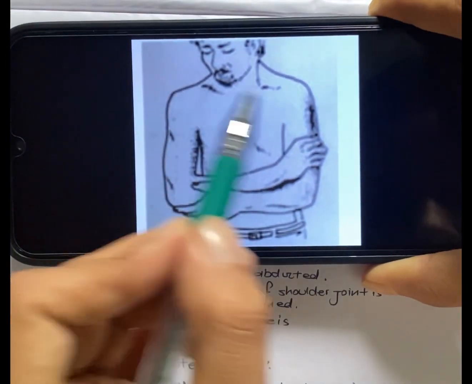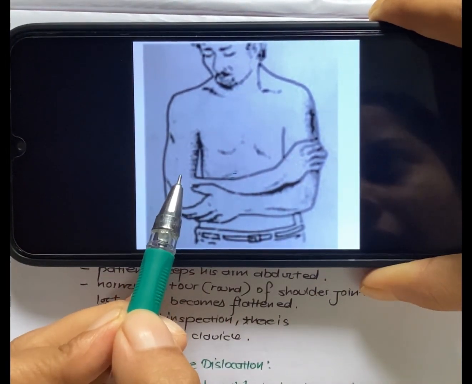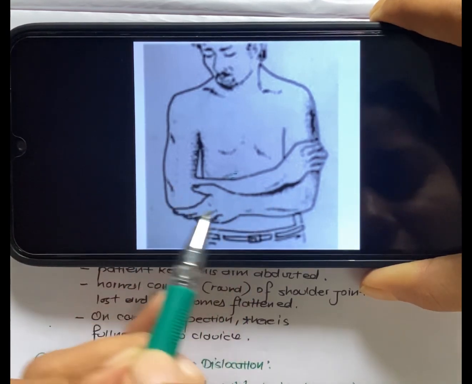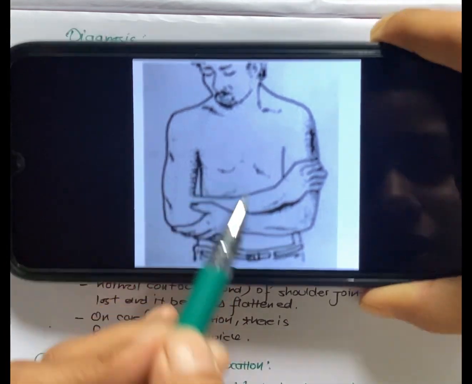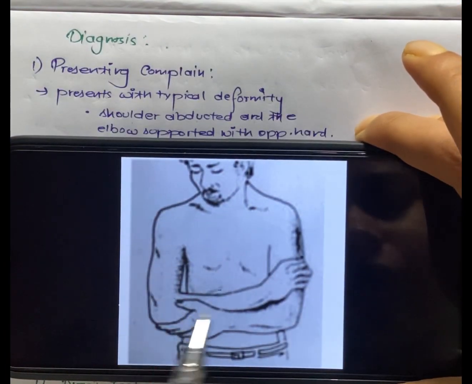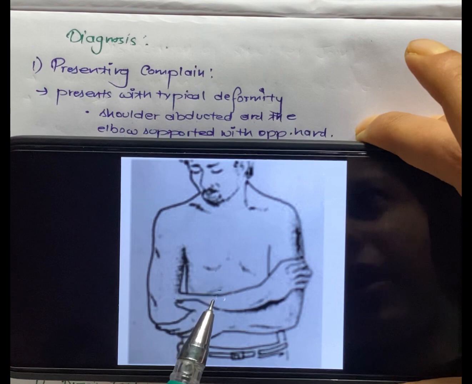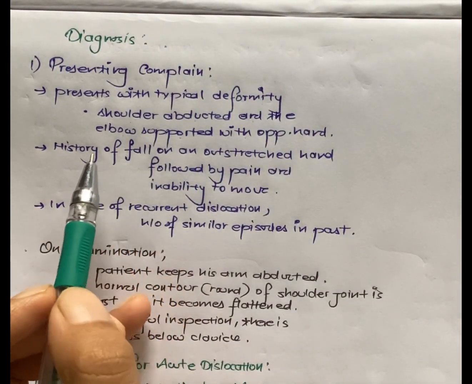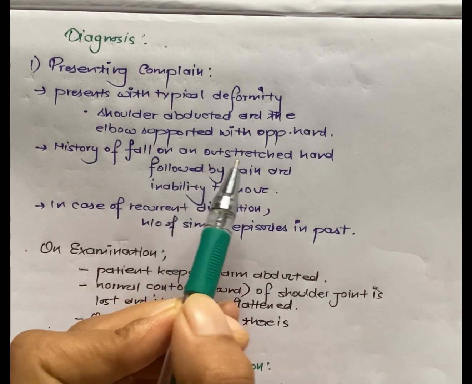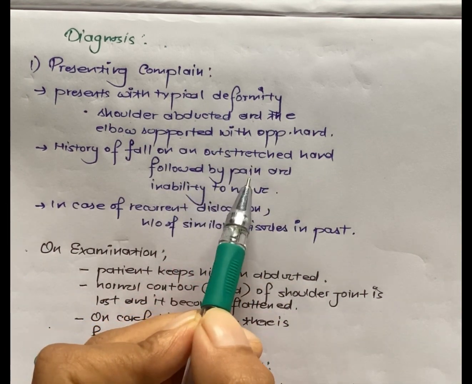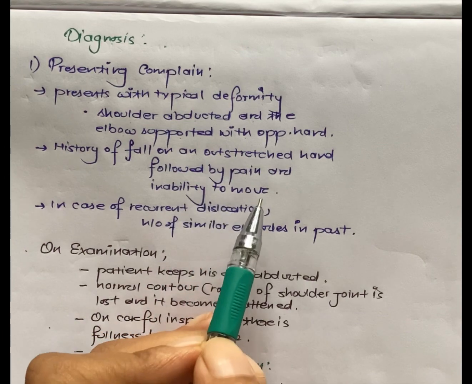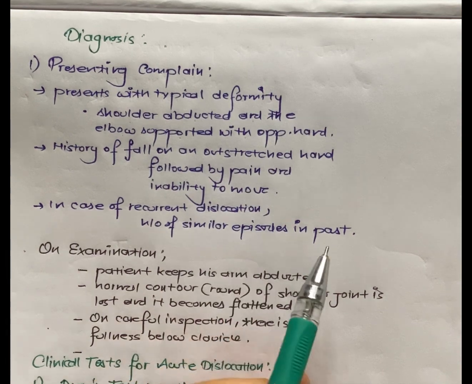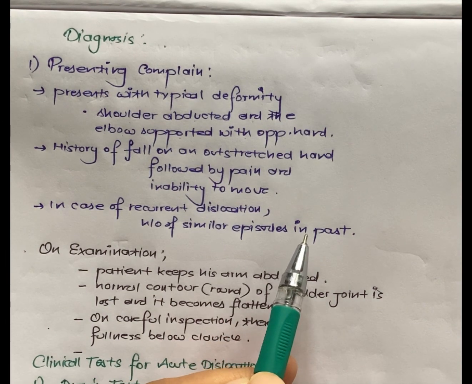So this is the typical presentation of shoulder joint dislocation, and they also say that they have a history of fall on the outstretched hand, which is followed by pain and inability to move. And in case of recurrent dislocations, the history of similar episodes is present in the past.